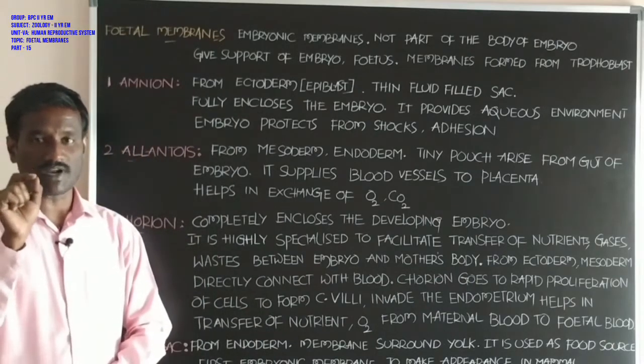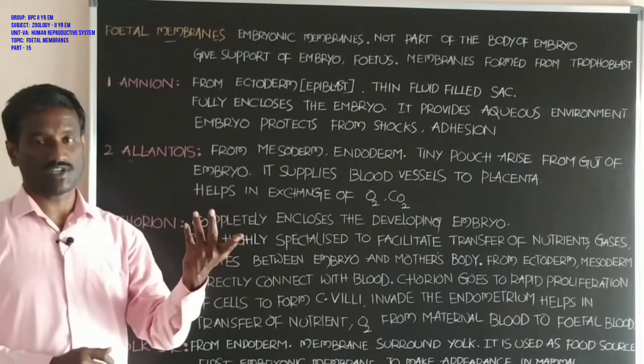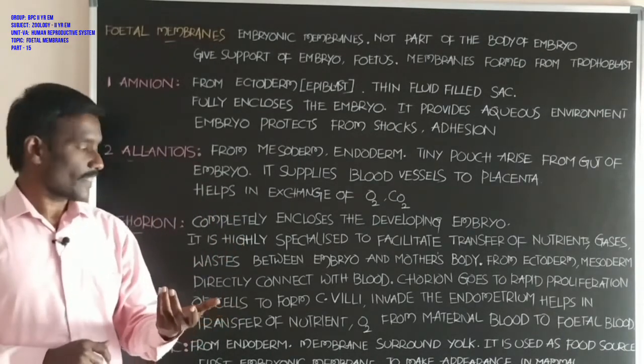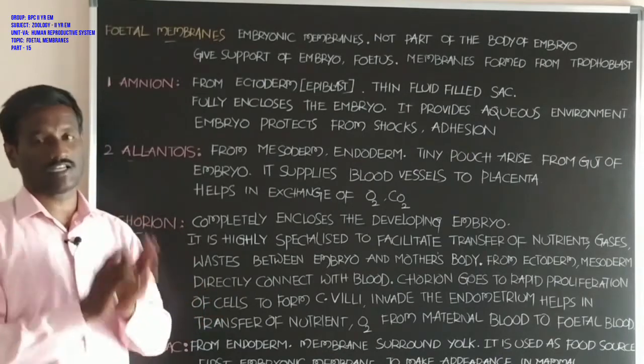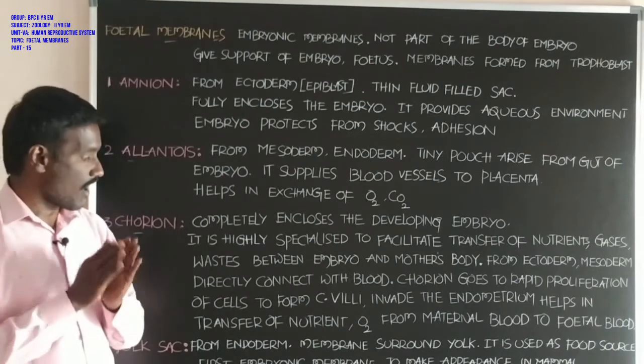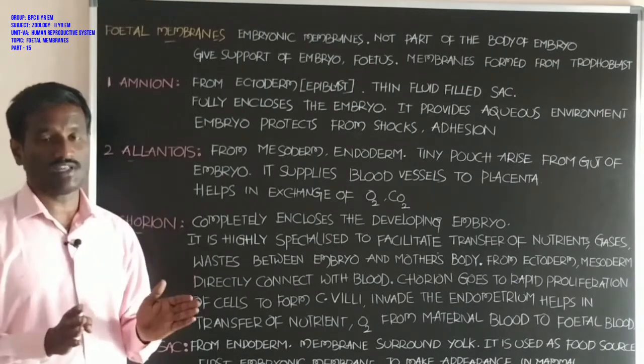Next, the chorion goes through rapid proliferation. The cells present in the chorion proliferate rapidly and produce more cells, forming villi-like structures. These villi are called chorionic villi.